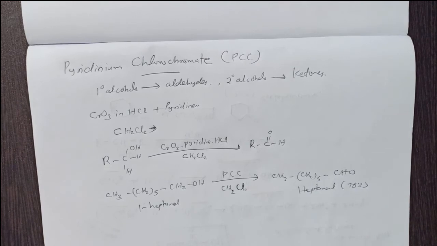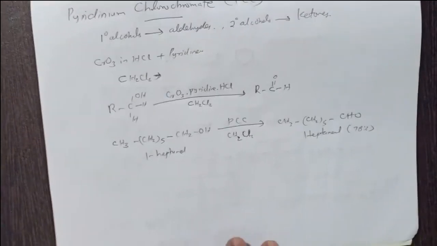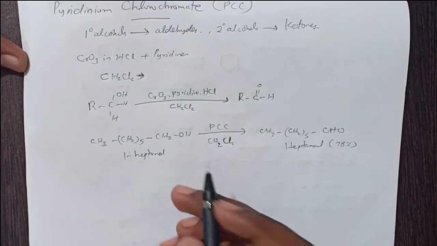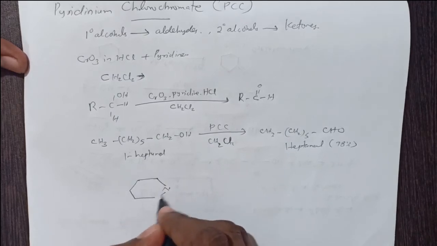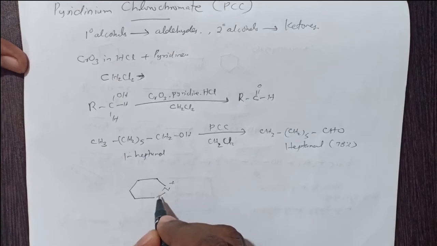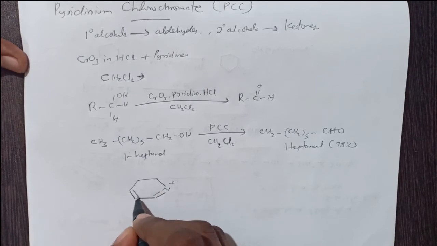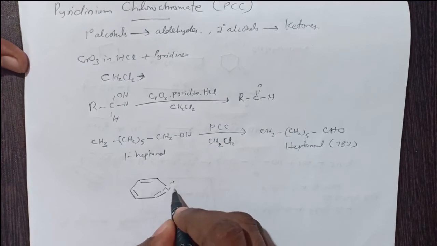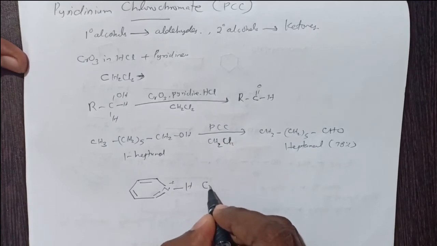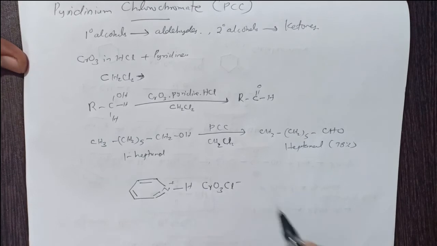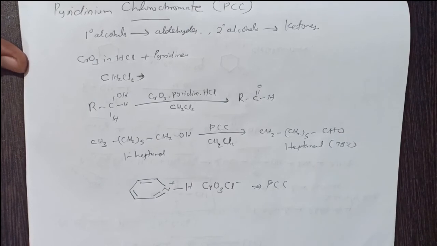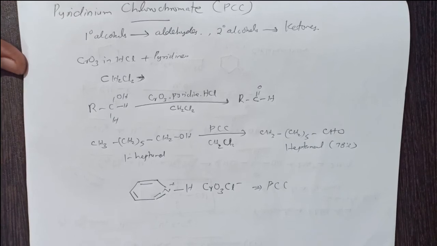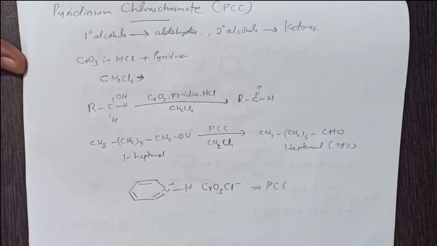The structure of PCC can be drawn like this: pyridine N+-H with CrO3Cl-. This is pyridinium chlorochromate, an oxidizing agent for primary alcohols to aldehydes and secondary alcohols to ketones.